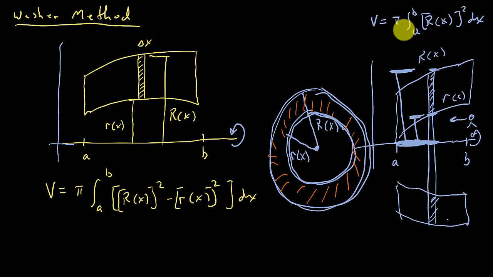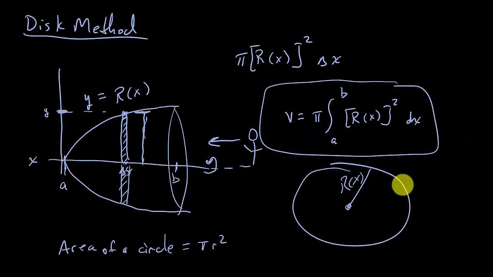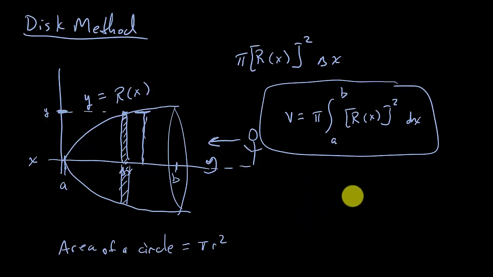Now let's go back over here to this disk method. This disk method is like the washer method. Let me show you this. I know this might be boring to you right now, but I promise you it's going to help.